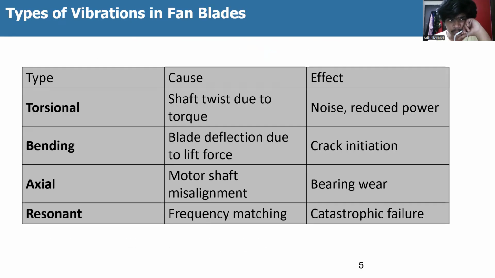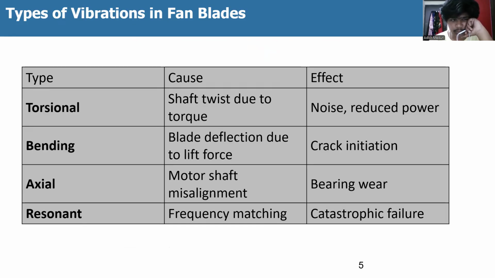Types of vibrations in fan blades. There are four types, with causes and effects. First is torsion, second is bending, third is axial, fourth is resonant. In torsion, the cause is shaft twist due to torque, and the effect is noise and reduced power.